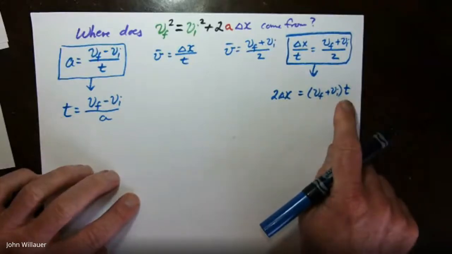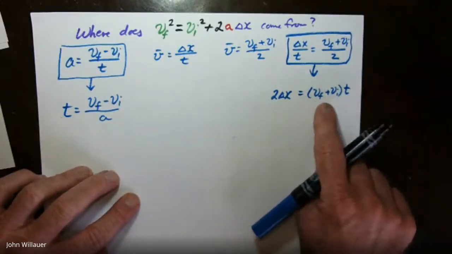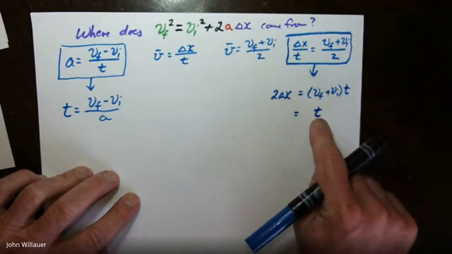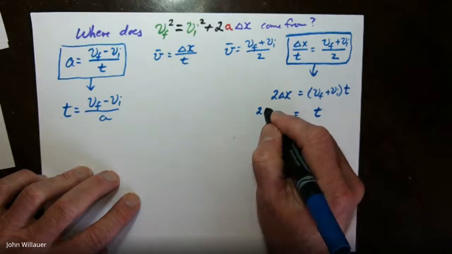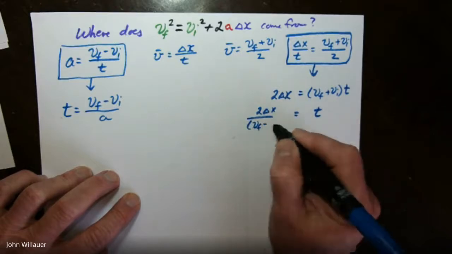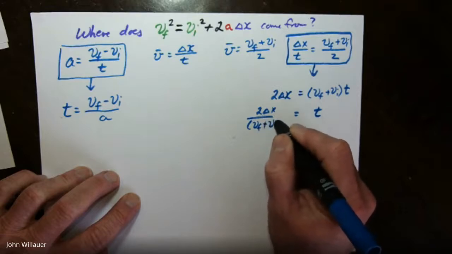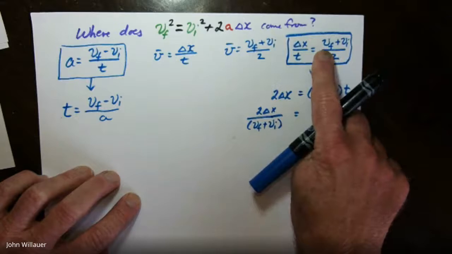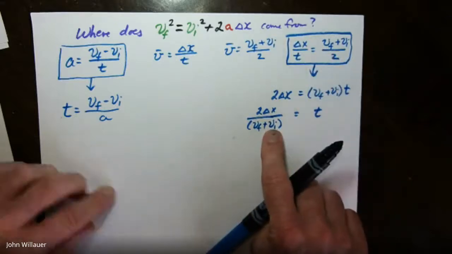And now I'm just going to divide both sides by what's in the parentheses here. So I'm going to end up with time all by itself here. And on this side, I'd have 2 times delta x divided by VF plus VI. Okay? So that's taking this expression here, solving for time, it would look like that.